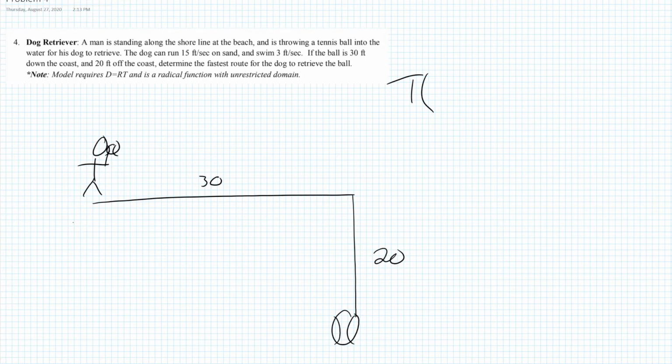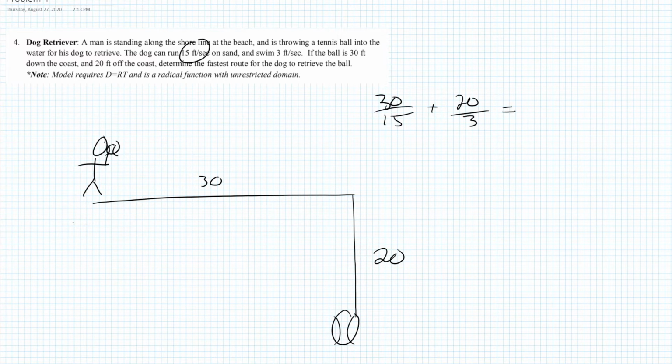He's going to go 30 feet at 15 feet per second, so that would be 30 divided by 15, plus he's going to go 20 feet at 3 feet per second.